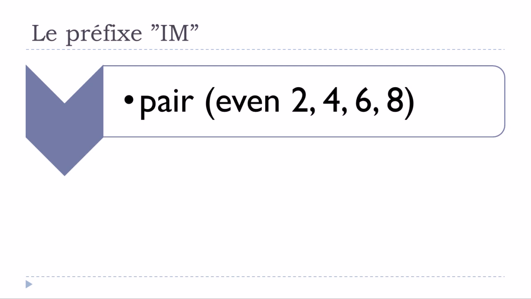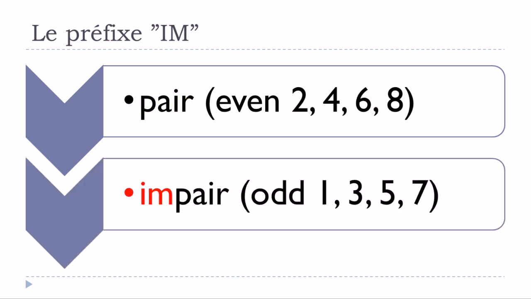The first one is pair. The meaning is even, and I just put some numbers to make it clear that we're talking about numbers: 2, 4, 6, 8. So pair, and then if you want to express the without, you will use this impair. You put im, and then after that the rest.